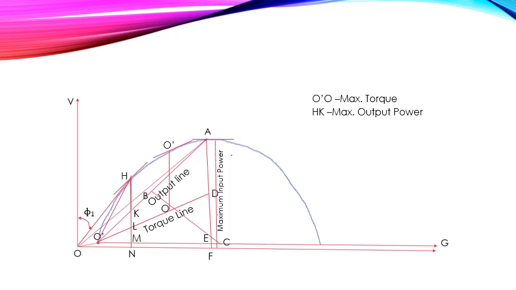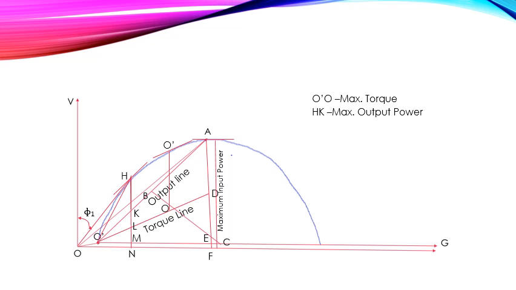That will cut the semicircle at point A. Then the vertical intercept AF will indicate the maximum input power. Also it will indicate the total losses. EF indicates the no load losses, that is fixed losses. Then AD is the rotor copper loss, and DE is the stator copper loss, right?